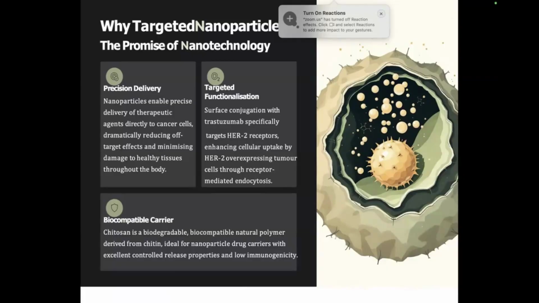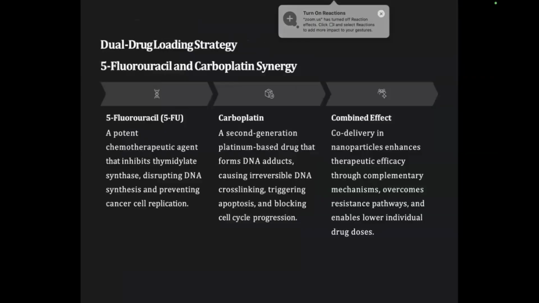Third one is the biocompatible carrier. As we use chitosan, chitosan is a biodegradable, biocompatible natural polymer derived from chitin, which is used for the development of nanoparticles. Dual drug targeting. In the present project, two drugs were taken, 5-fluorouracil and carboplatin. 5-fluorouracil is an anti-cancer drug which directly disrupts the DNA synthesis and prevents the cancer cell replication.